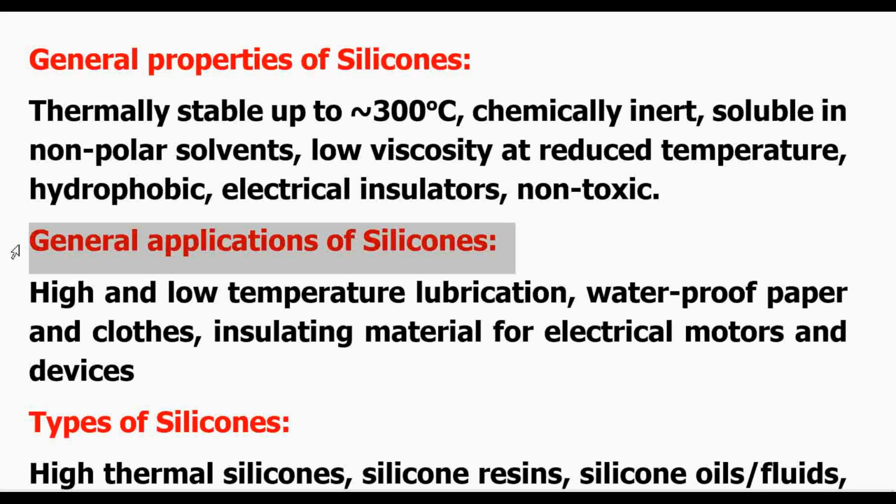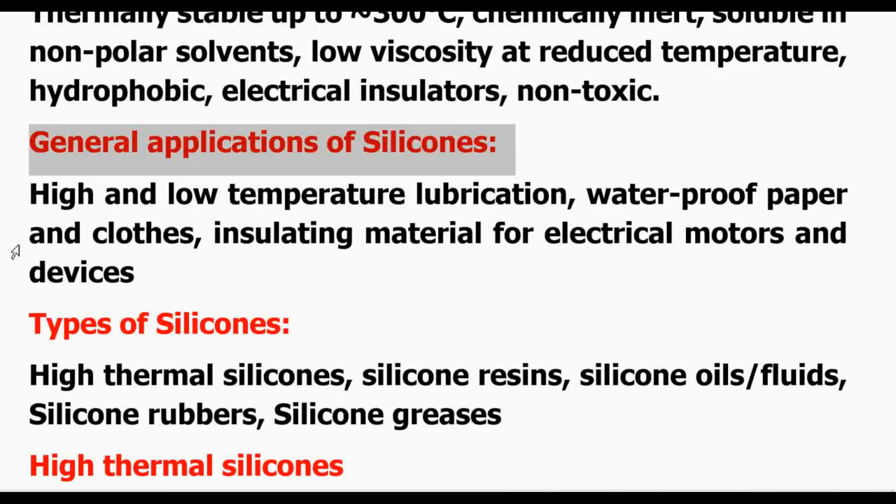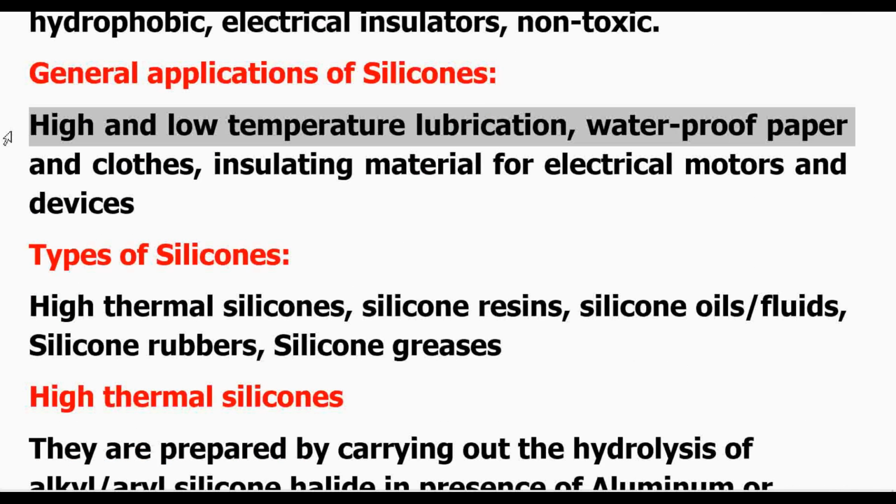Let us have a look at some of the general applications of your silicones. The silicones are generally used as lubricants, and silicones are superior lubricants because they retain their lubrication property even at high temperatures and low temperatures.